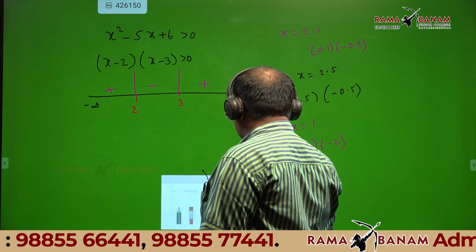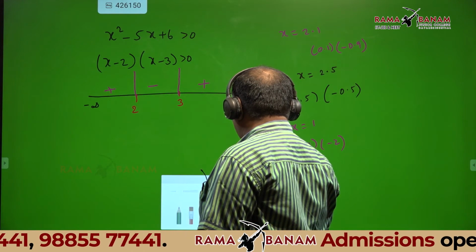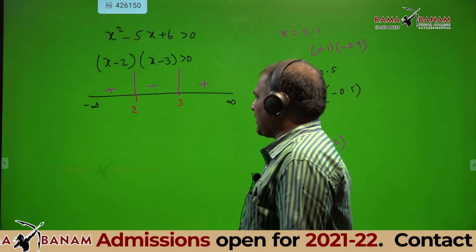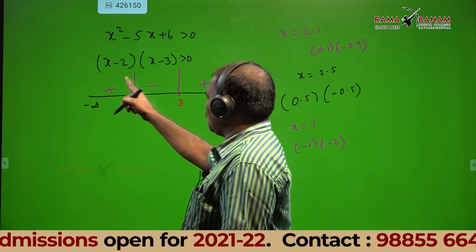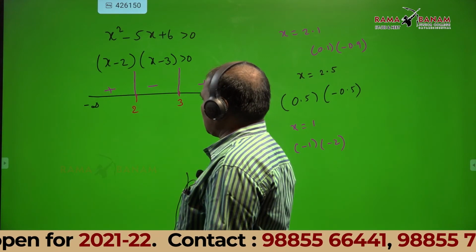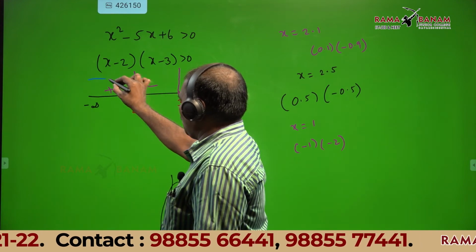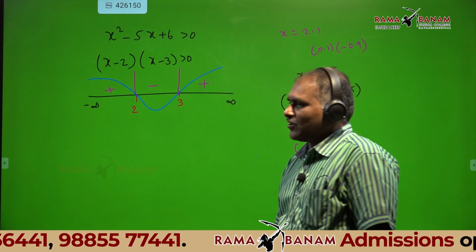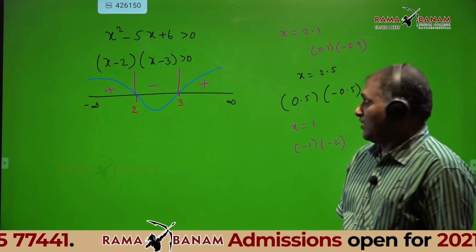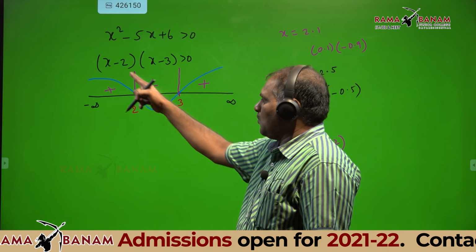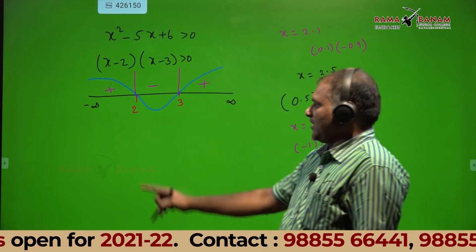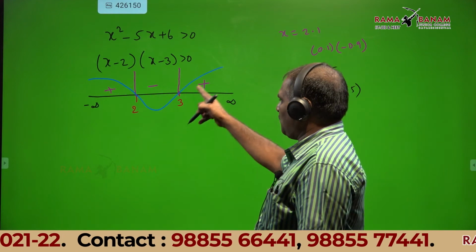Therefore, by observation, it can be written: first positive, next negative, next positive. The graph is like this: negative means below, positive means above.